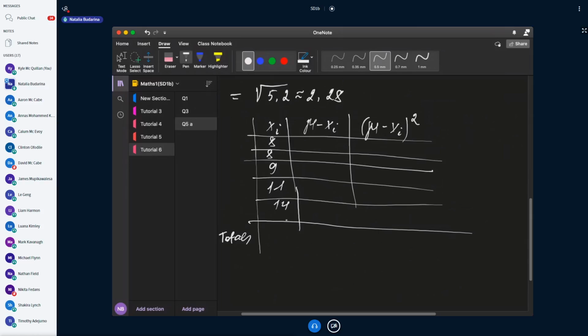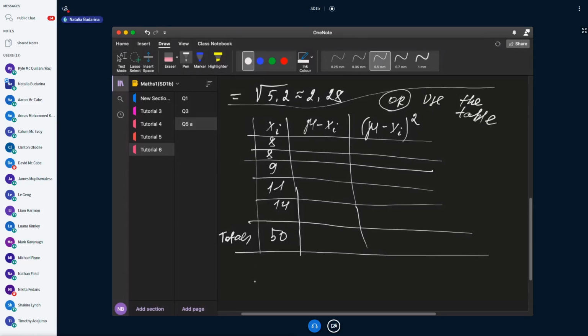If you find the sum of all xi, it will give you what we count today, 50. Then mu minus xi. Then you can find easily, or use a table. Yes, or use a table.